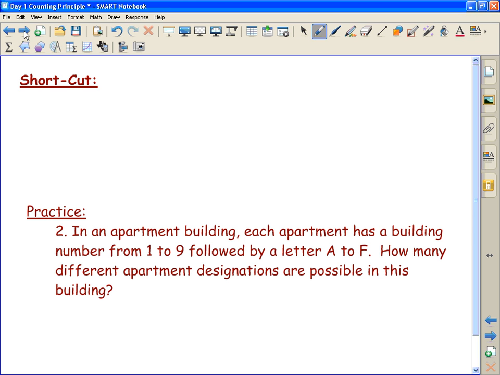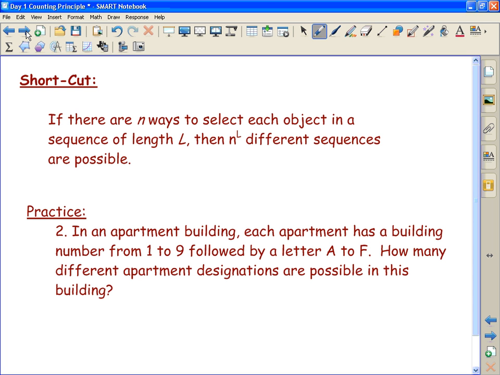We do have a shortcut for this. We surely do not want you to write out all of those every single time. Our shortcut is: if there are n ways to select each object in a sequence of length L, then n to the L different sequences are possible. You can think about it like this.